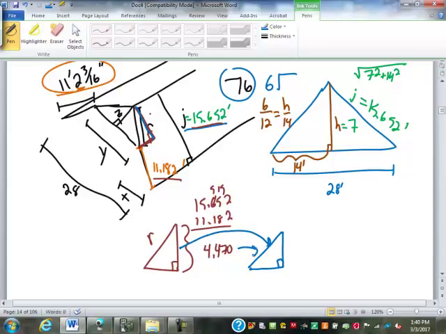This is 4.470 here, and this is a 6/12 slope. So I can find this height here. I'm going to call this HA because it's a little bit different height. So my 6 over 12 equals HA over 4.470. HA is going to be a height of 2.235 feet.